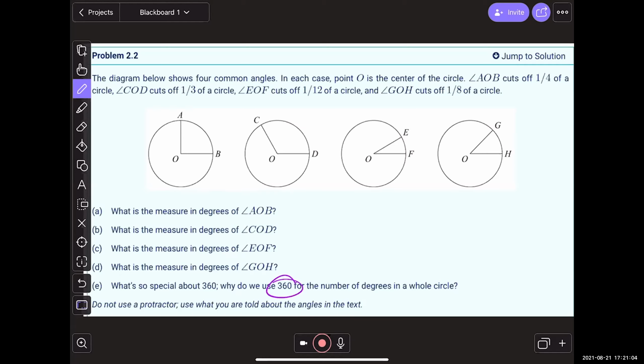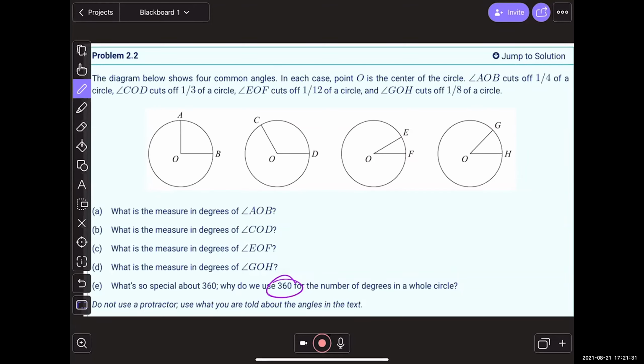Think about these numbers here. 360 is divisible by 1, 2, 3, 4, 5, 6, 8, 9, 10, 12, 15, 18, like many of the first 10 numbers. It's divisible by 9 as well, right? Only 7 is not divisible. And then once you move to 15, only 11 and 13, as well as 14, because it's not divisible by 7 either.